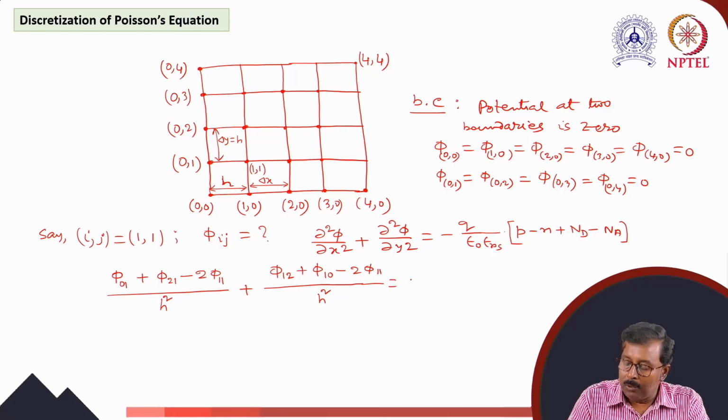That will be equal to minus q by epsilon 0 epsilon rs into p at ij. P at ij means p at 1 1 minus n at 1 1 plus nd at 1 1 minus na 1 1.